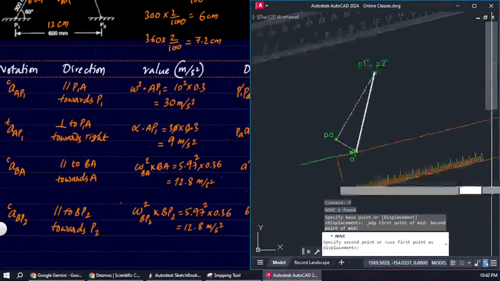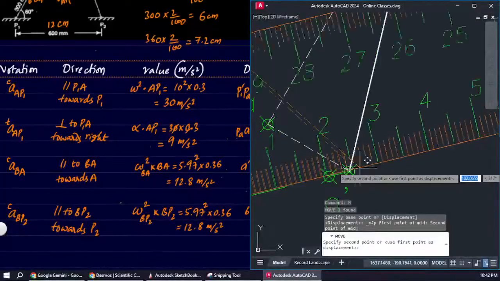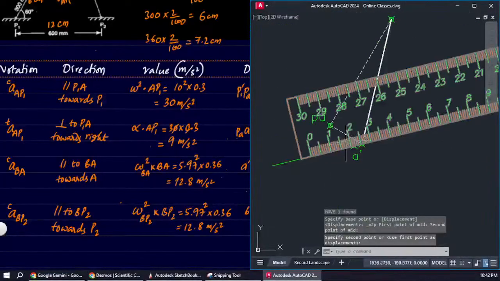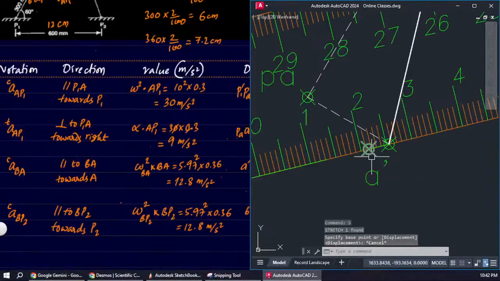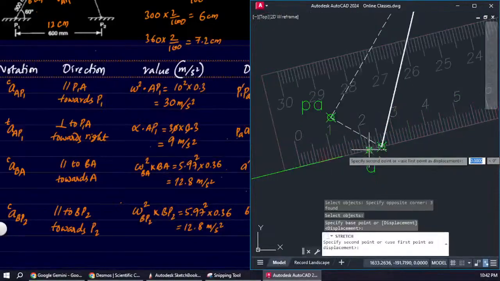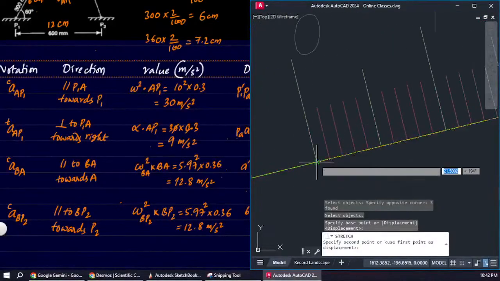That point we have to take here. The point actually has to be here.